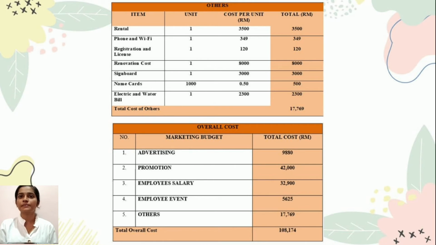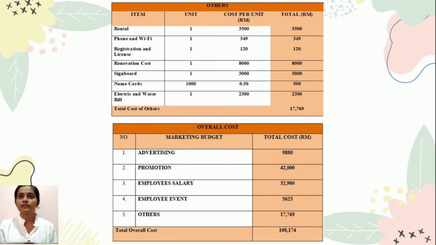Okay, next is marketing budget for other expenses. First, rental cost per unit is 3,500 ringgit times 1 unit, total cost 3,500 ringgit. And for phone and Wi-Fi, cost per unit 349 ringgit times 1 unit, total 349 ringgit. For registration and license, cost per unit 120 ringgit times 1 unit, total 120 ringgit. For renovation, cost per unit 8,000 times 1 unit, total 8,000.